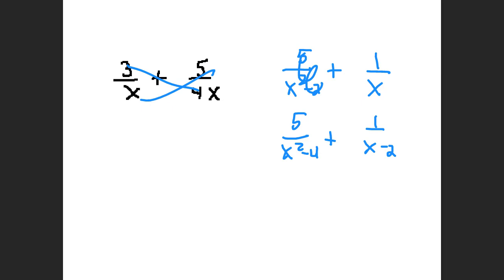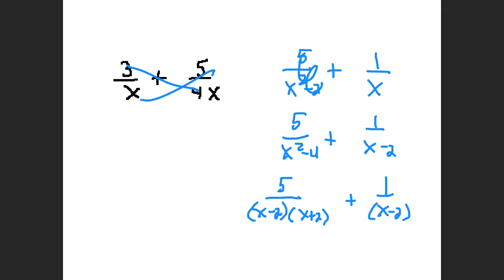No. x squared minus 4 is absolutely my common denominator. Because if I factored this, this would be 5 over, this factors to x minus 2, x plus 2. And over here, I have x minus 2, right? So what's my common denominator? x minus 2, x plus 2.